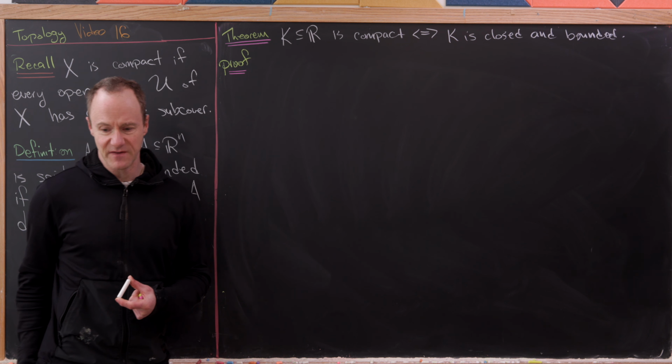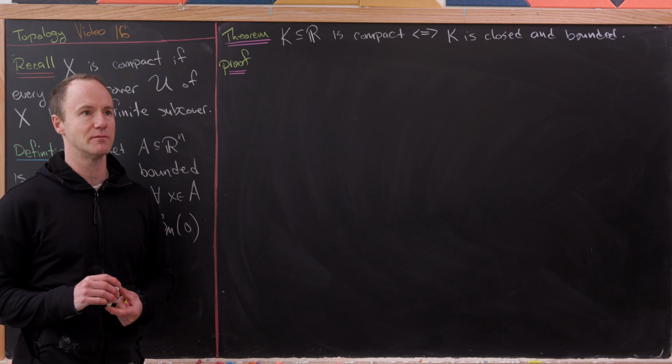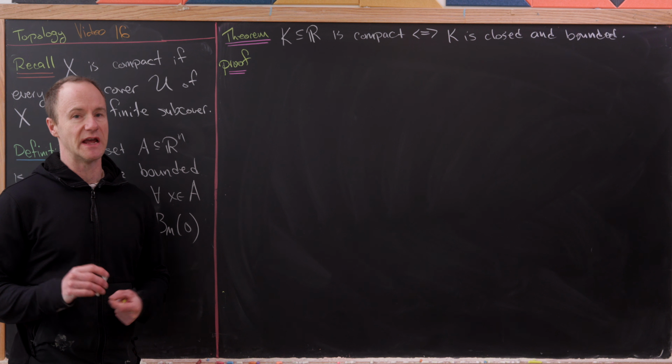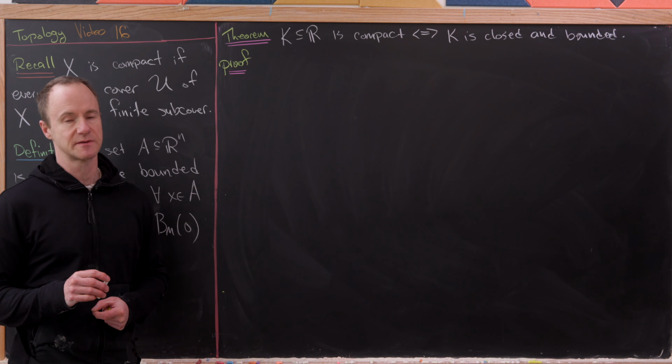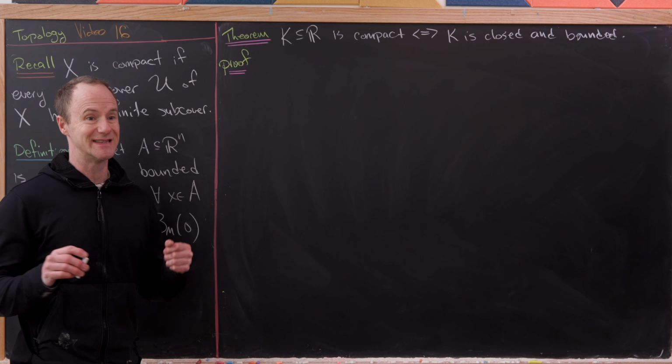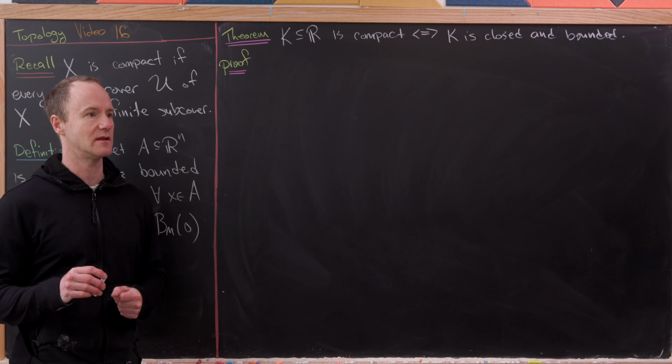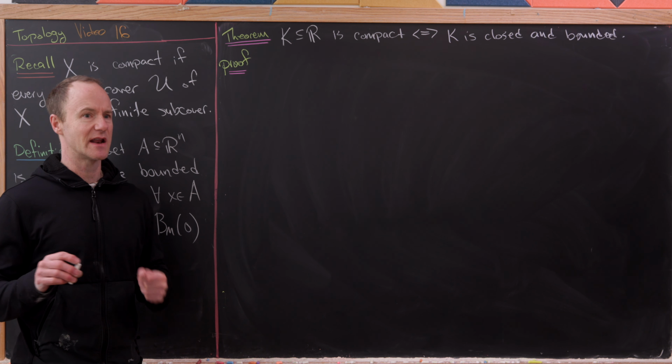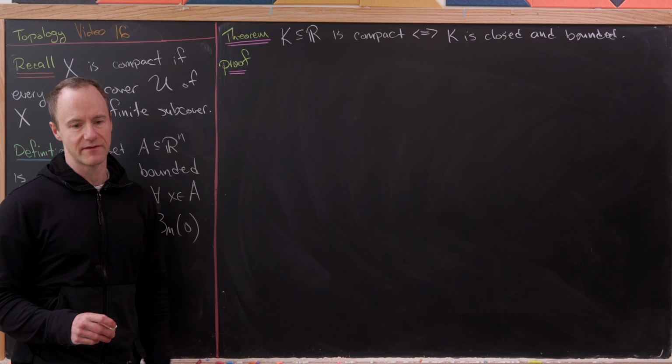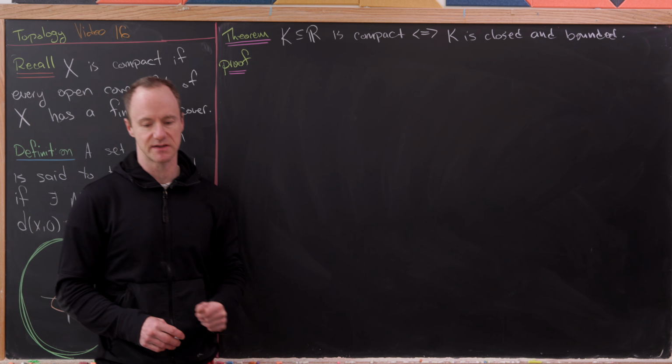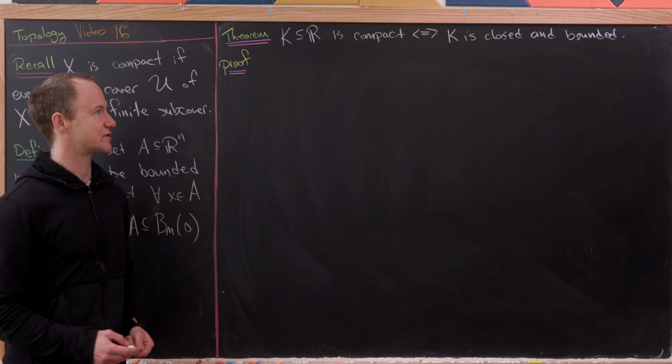And this is in fact the definition of compactness that you might see in a lot of introductory real analysis books. In fact, I think they usually use this definition in the text and then they'll set up the more general definition as a set of exercises. Okay, so anyway, let's get to this result.